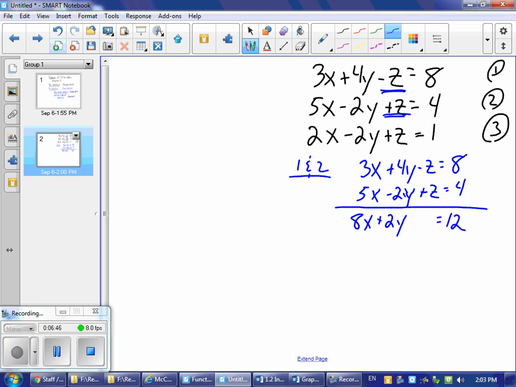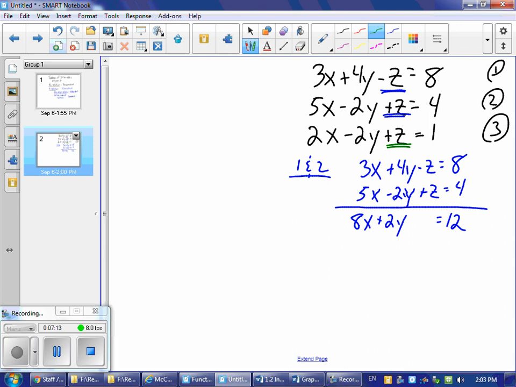Well, what you should see is that still leaves us with a combination of two variables and two unknowns. I can't really solve for x or y just yet. So now I have to take any other two equations, not 1 and 2. I could take the combination of 1 and 3 or 2 and 3, whichever one is easiest for you to deal with. In this case, I'll do this in green, if I use equation 3, that's got a plus z.